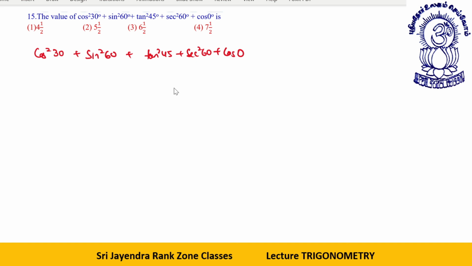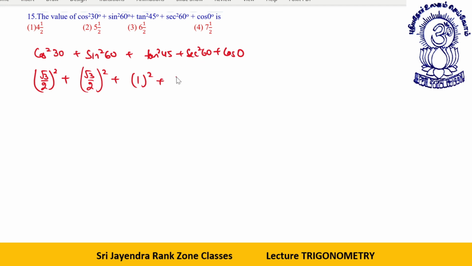Now, putting the values, cos 30 is root 3 by 2, so that will be (root 3 by 2) square. Sin 60 is again root 3 by 2, square. Tan 45 is 1. Sec 60 will be the reciprocal of cos 60.